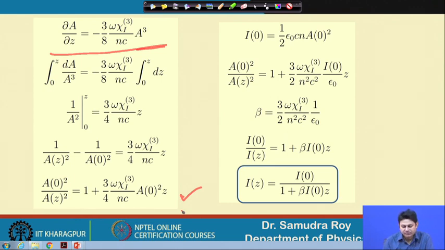Now if I try to write this in terms of intensity, this A0 I can replace in terms of intensity, and this ratio I can also write in terms of intensity.